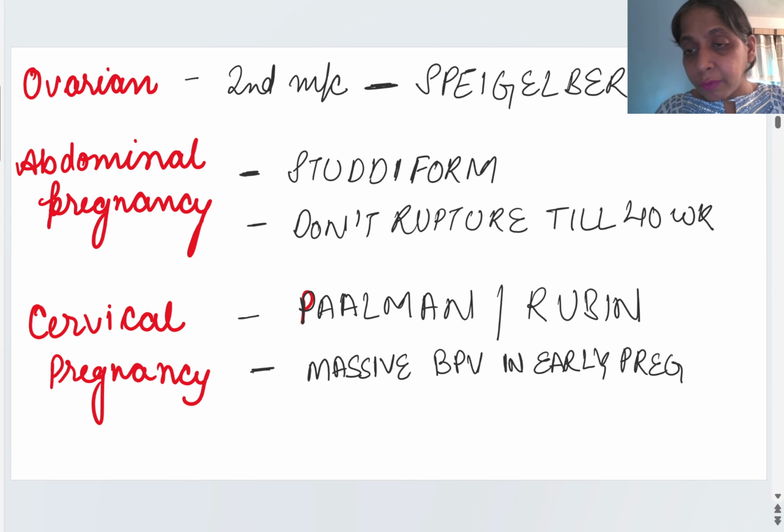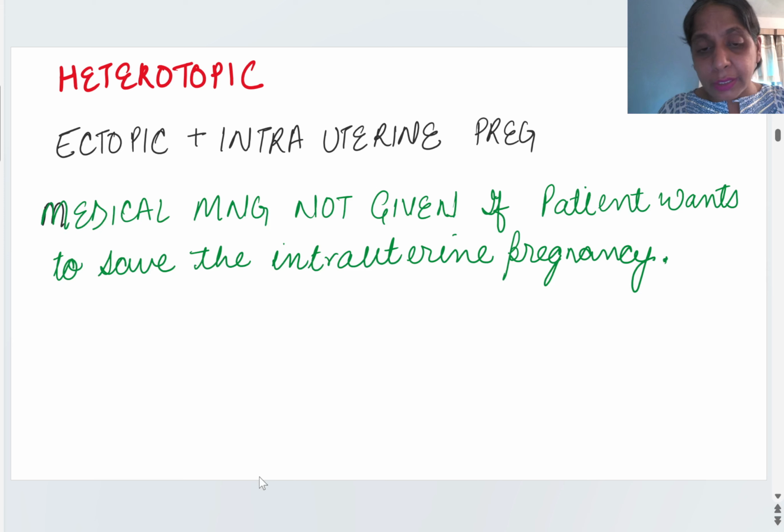Okay, so that was about ectopic pregnancy. One last thing, what is heterotopic pregnancy? Heterotopic pregnancy means ectopic pregnancy plus intrauterine pregnancy. So here we will ask the patient whether she wants to save that intrauterine pregnancy or not. If the patient wants to save it, then we will not give medical management, because medical management will kill both the intrauterine and the ectopic pregnancy.